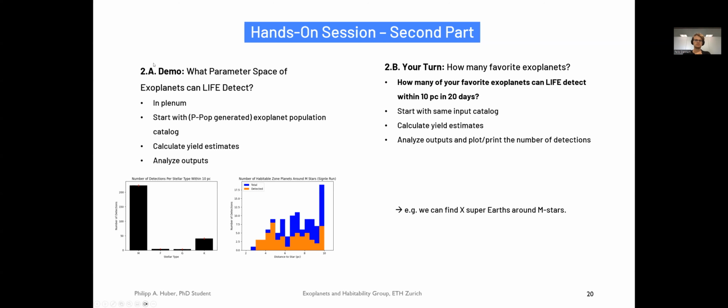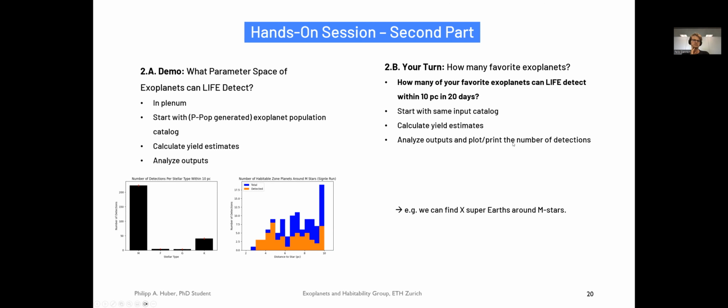So for the demo, we are going to start with a PPOP-generated exoplanet population catalog, and then calculate yield estimates and analyze the outputs a bit to create plots like this. So again, Felix has already mentioned PPOP before. PPOP is another Python tool that is separate from LIFEsim that has been developed by Jens Kammerer and is based on Kepler statistics that allows you to generate the exoplanet population catalogs.